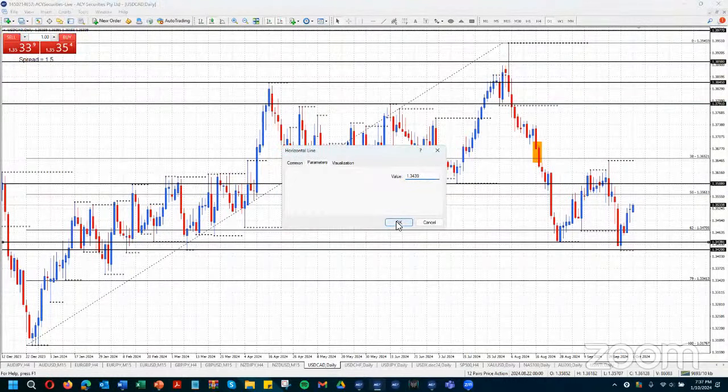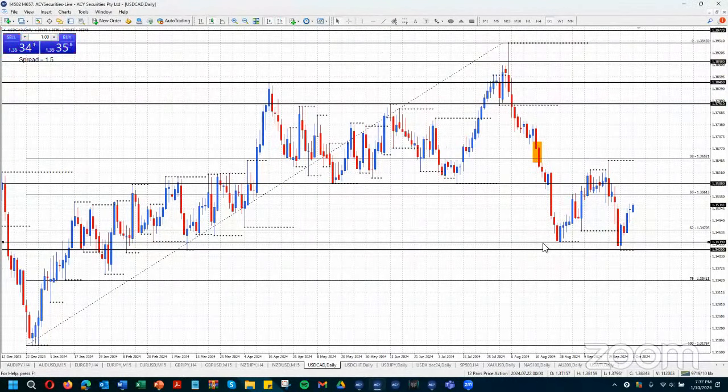So 134.39 down to 134.20. We can definitely revisit that area this week. So it wants to be nice and friendly. If it comes down into that area, that is support. So if you like that area, maybe look for an opportunity for price to reverse back up.